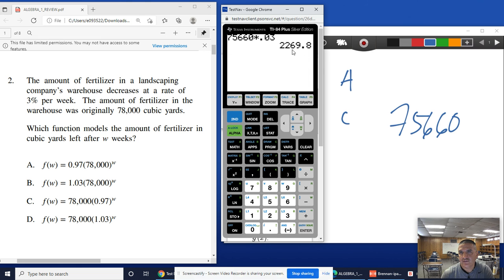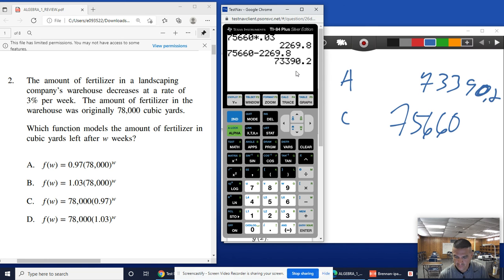So I'm going to subtract this from this 75, right, to see what happens in the second week. 7339.2. Okay, so this is what I should get if I put 2 weeks in, right?